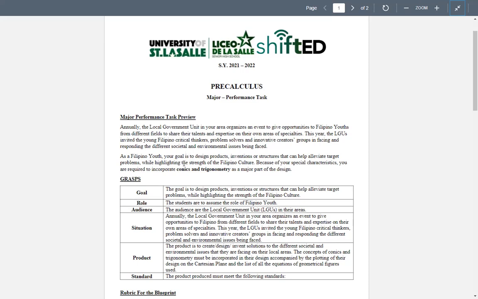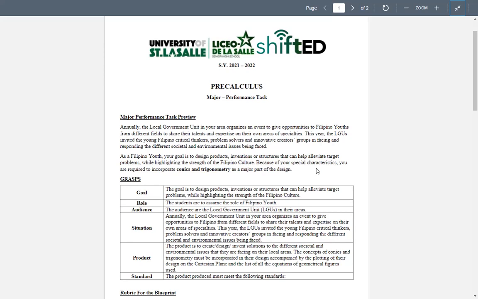As a Filipino youth, your goal is to design products, inventions, or structures that can help alleviate target problems while highlighting the strength of Filipino culture. Because of your special characteristics, you are required to incorporate conics and trigonometry as a major part of your design.